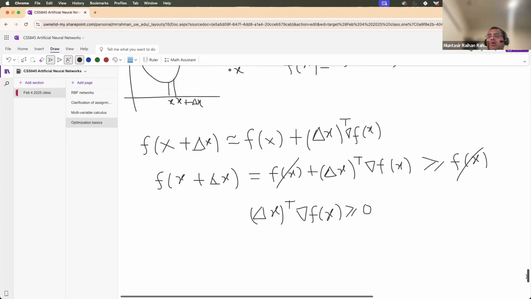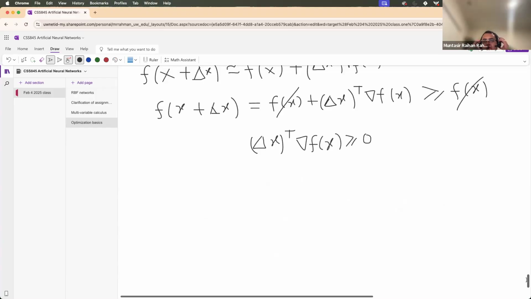Okay, and now here's a trick that we can apply. So this condition must be true for any delta x, right? x is a d-dimensional vector, and delta x can be any quantity. It can be positive, negative, it can be any direction that I want to move.